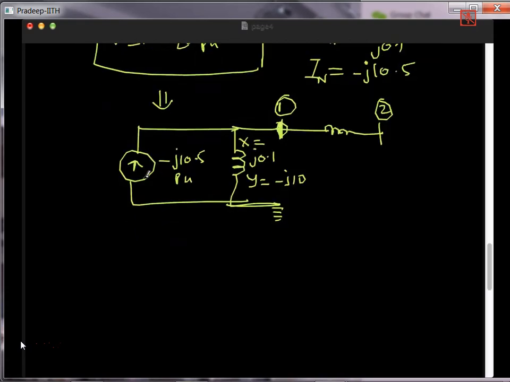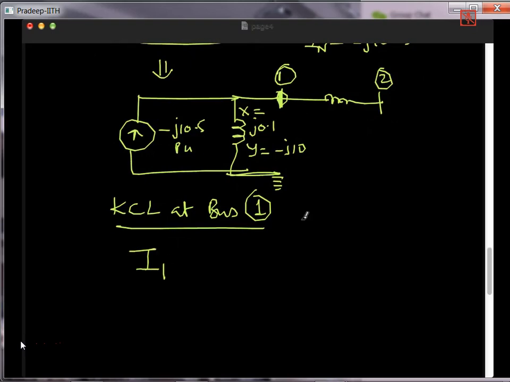So here, if you write KCL at bus 1, what will you get? I1 is the external current being injected. So if you denote that as I1, then I1 will be equal to, all current entering will be positive, so plus minus J10.5 is the current here.